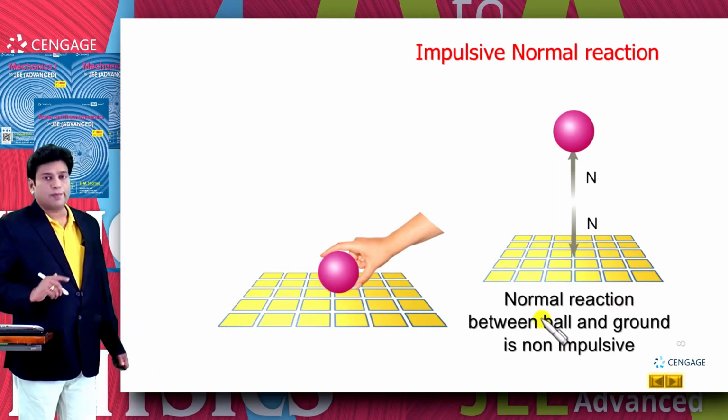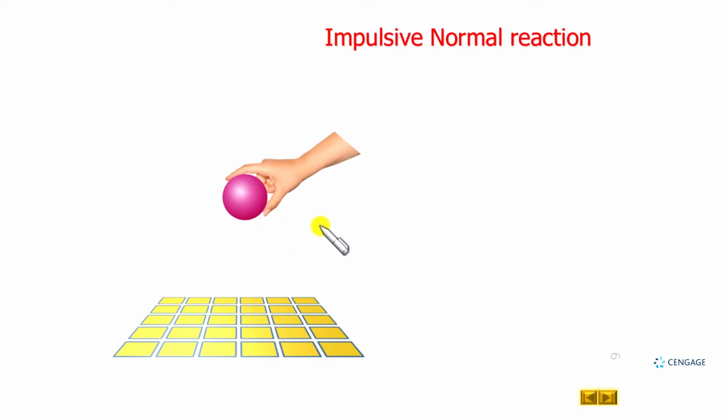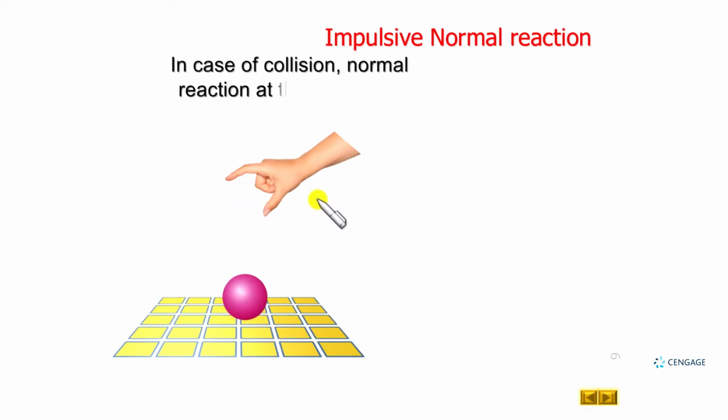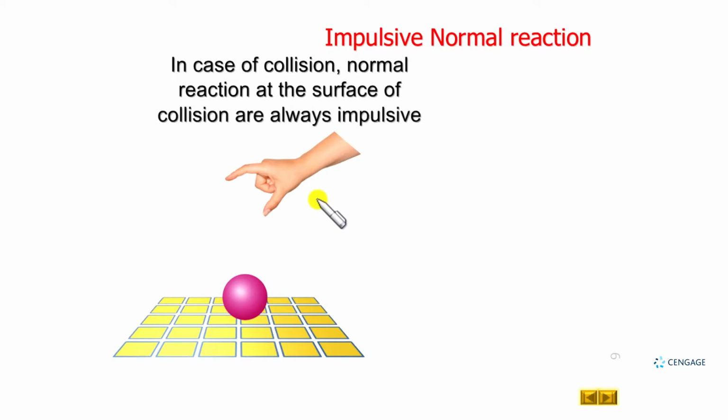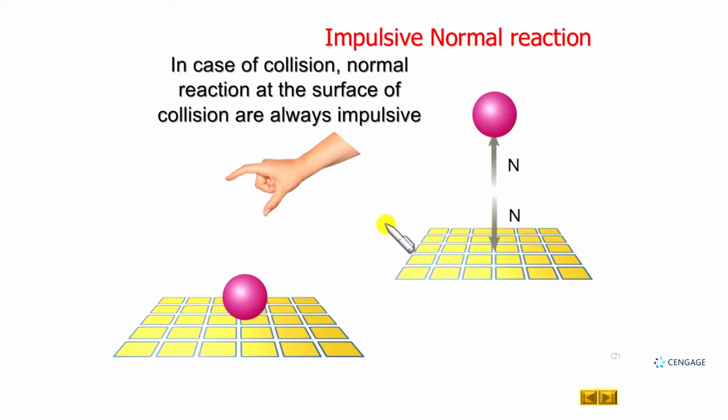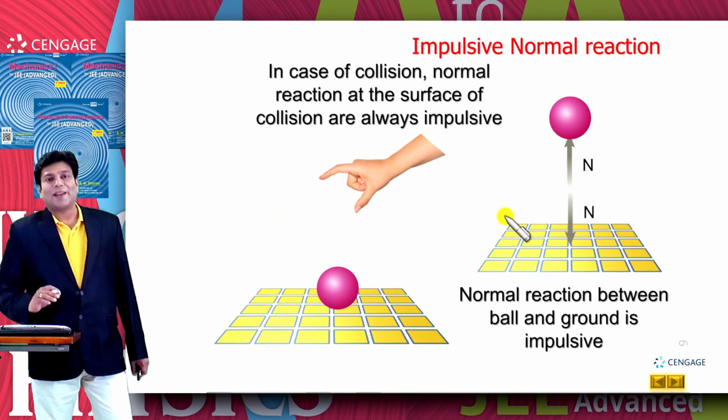Now if I release this ball from the side like this, in this case collision occurs, and the normal reaction between the surface and the ball is impulsive in nature. So this normal reaction will be impulsive. Correct?